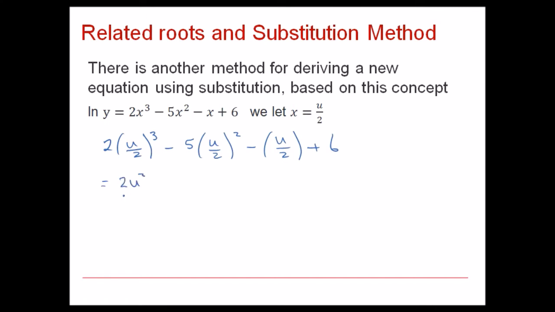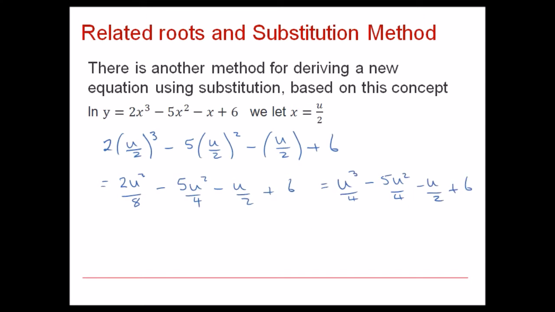We want to take out the brackets, being careful to square everything inside the brackets. We get to this. And then simplifying those fractions, for the first one anyway, then to that.